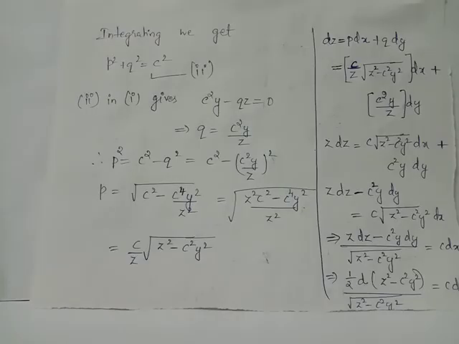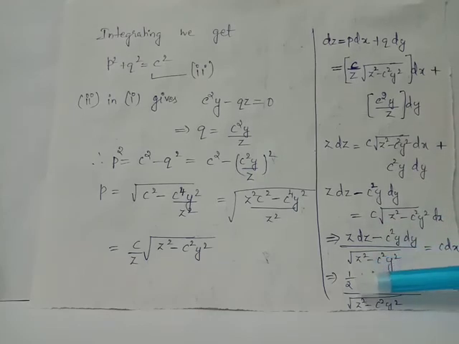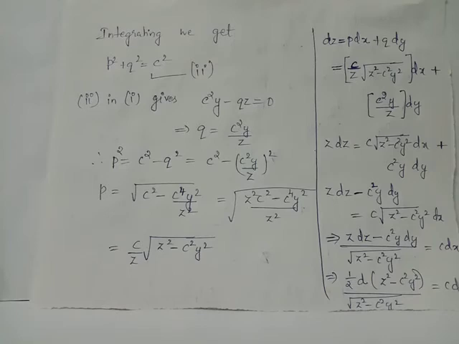Because of this reason, you can rewrite this numerator by the expression 1 by 2 times derivative of z square minus c square y square. Because the numerator is actually the derivative of the expression in the denominator along with 1 by 2 multiplied to the derivative expression. Therefore, this numerator can be written as half times derivative of the expression appearing inside the square root.